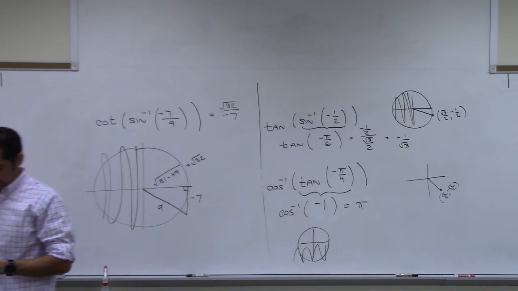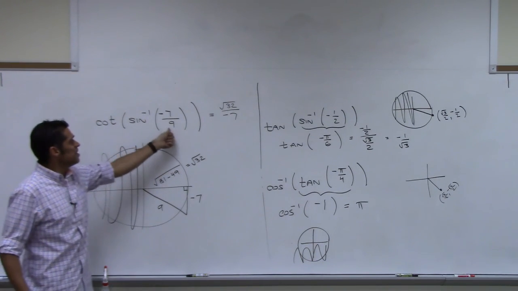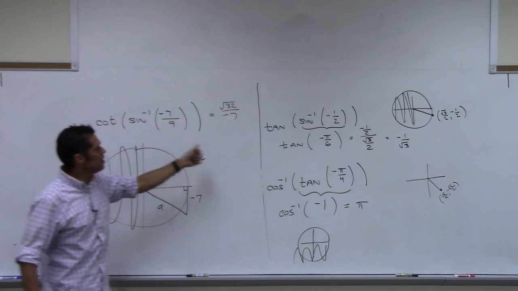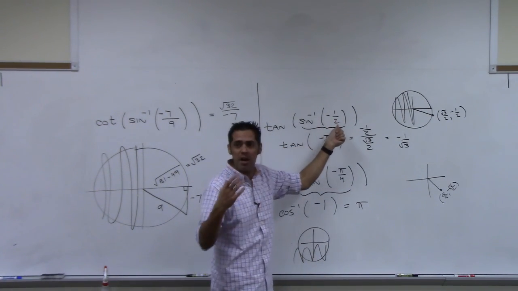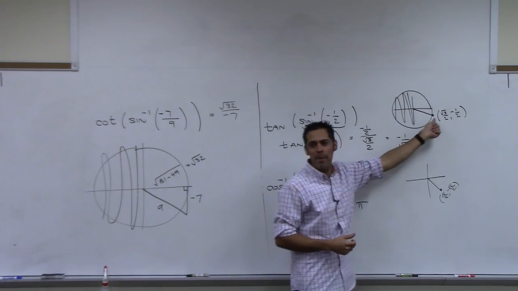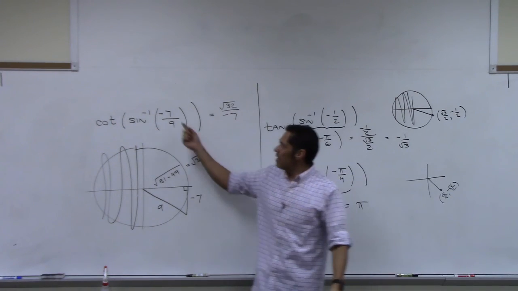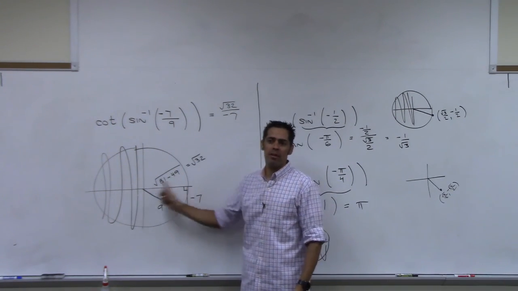So you will make a triangle whenever you have an inverse in here, and this is not something that you know. See over here, we had the inverse inside, but negative 1/2 was a common value on our unit circle, so I knew that that happened at negative pi over 6. When you have negative 7/9, that's not a common value, so you have to go to a triangle.